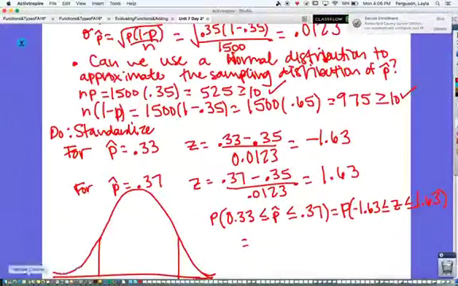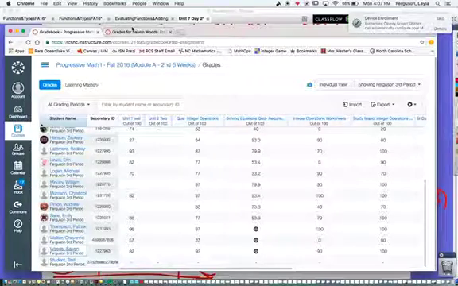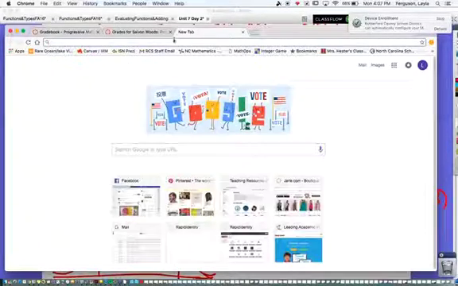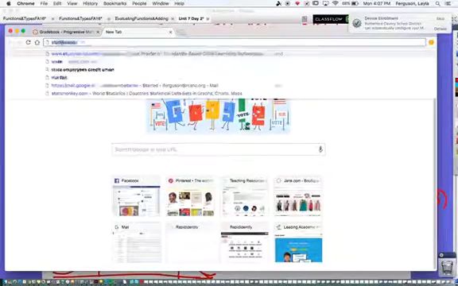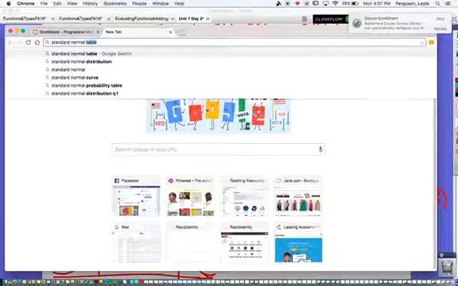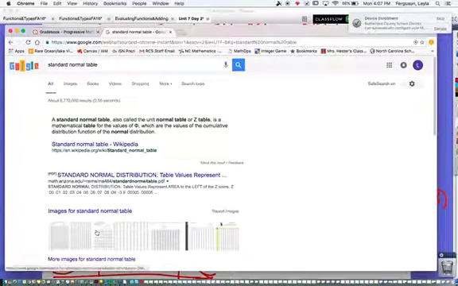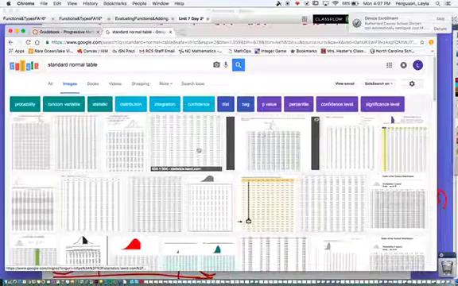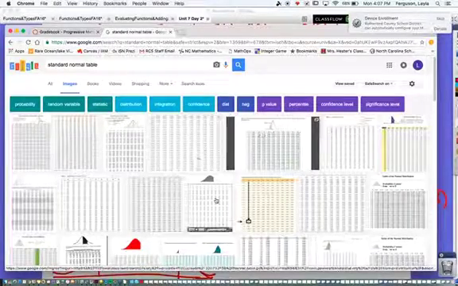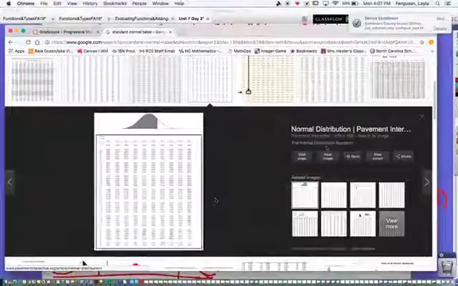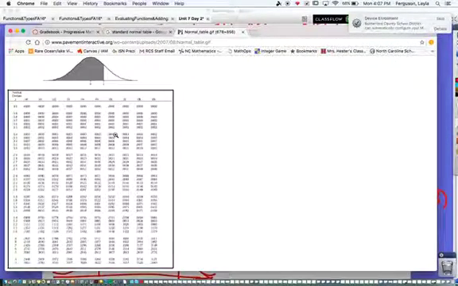You would really think at this point I would have one saved, you know, but no, I don't. So we want to find negative 1.63.